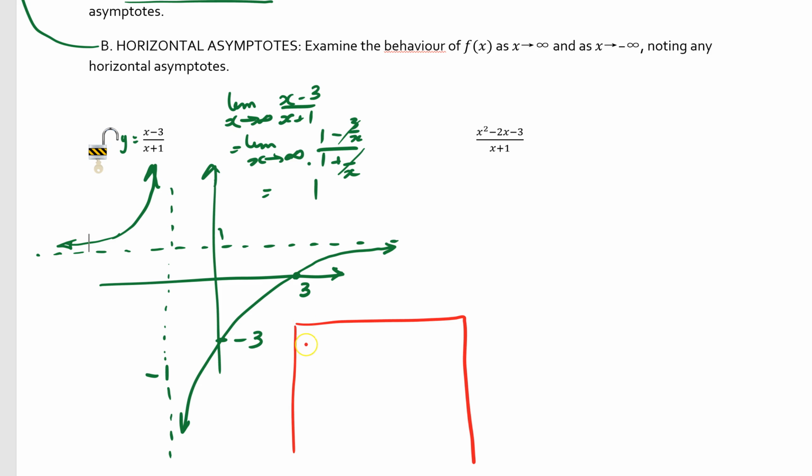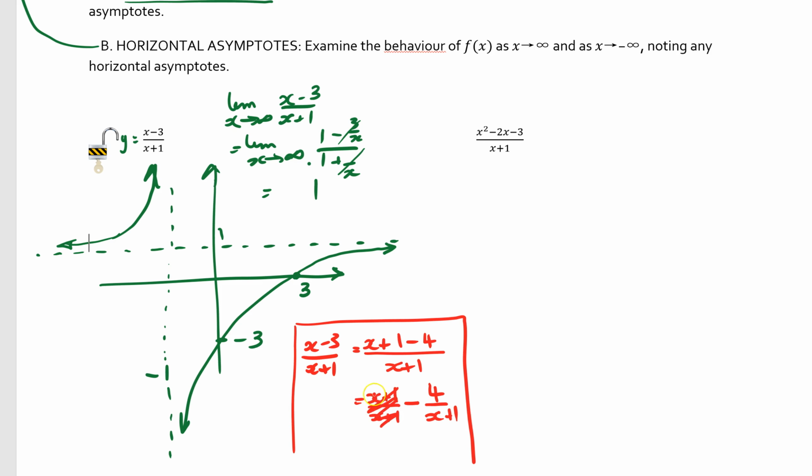I could take my x minus 3 and x plus 1 and break that up. So I could make it an x plus a 1 minus a 4. Okay, so that's still x minus 3. Put that all over x plus 1. And then I could write that as x plus 1 on x plus 1 minus 4 on x plus 1.